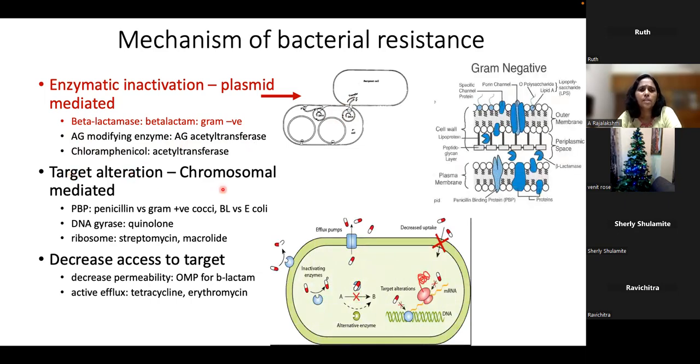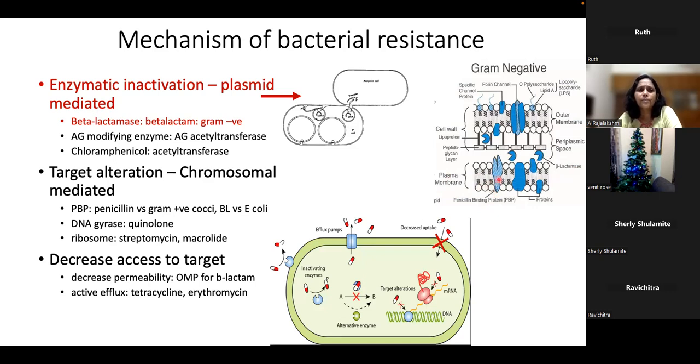Coming to target alteration. Target alteration is usually chromosomally mediated, and the best example is PBP, that is penicillin binding protein. So look at this diagram. This is penicillin binding protein. When beta-lactam attaches to this, it inactivates it, so that the development of the cell wall doesn't happen and the cell gets lysed. So this happens during the development.